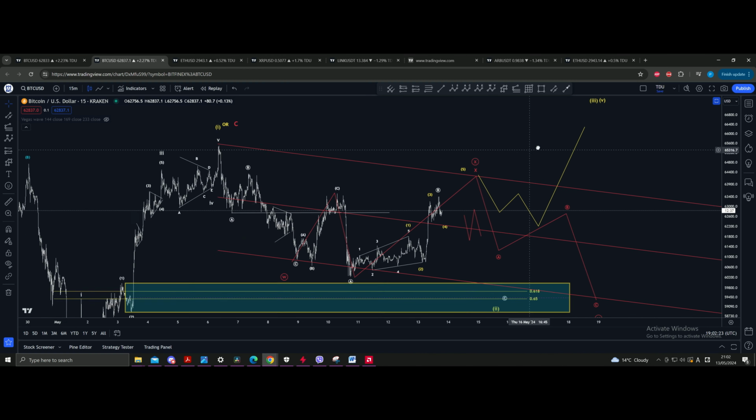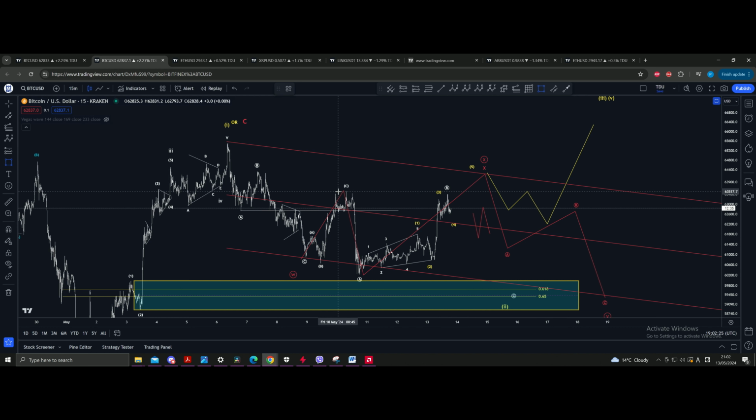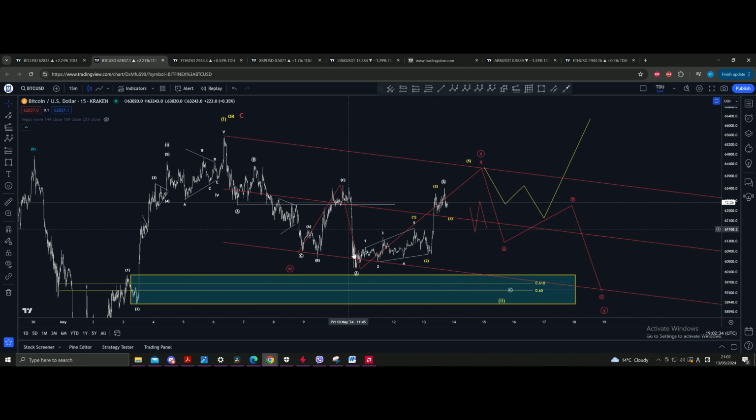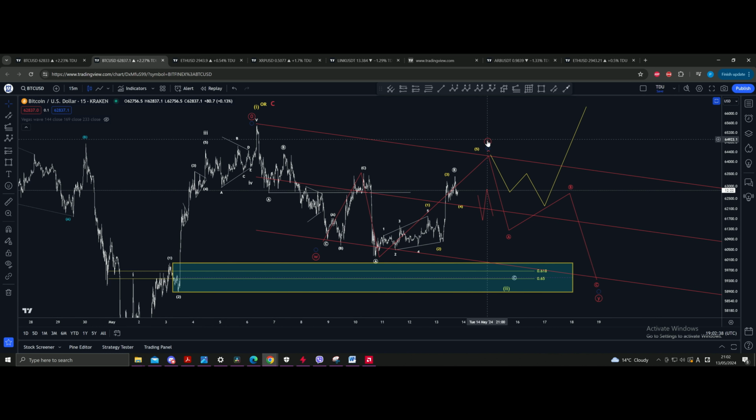Why I don't like this one? Well, because this move here looks impulsive. So you need a 3 and a 3 and a 5. And this looks more like a 5 than a 3. So now that I covered this one as well, I'm gonna delete it.